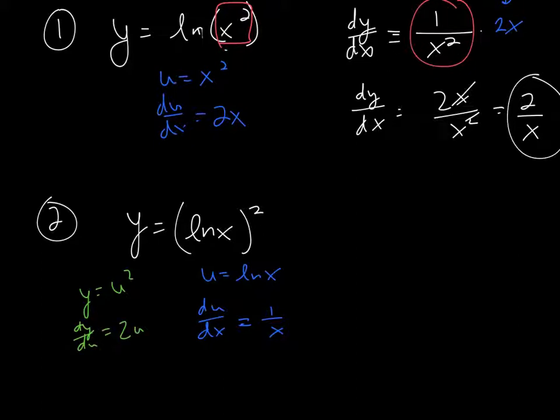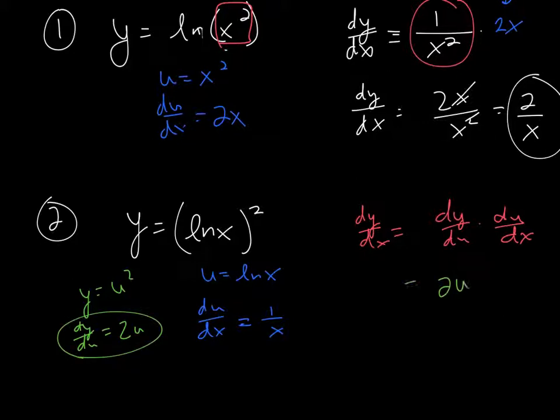I thought it might be helpful to write out the whole thing here. So the chain rule is going to be dy du times du dx. So my dy du is this 2u, and then my du dx is 1 over x.